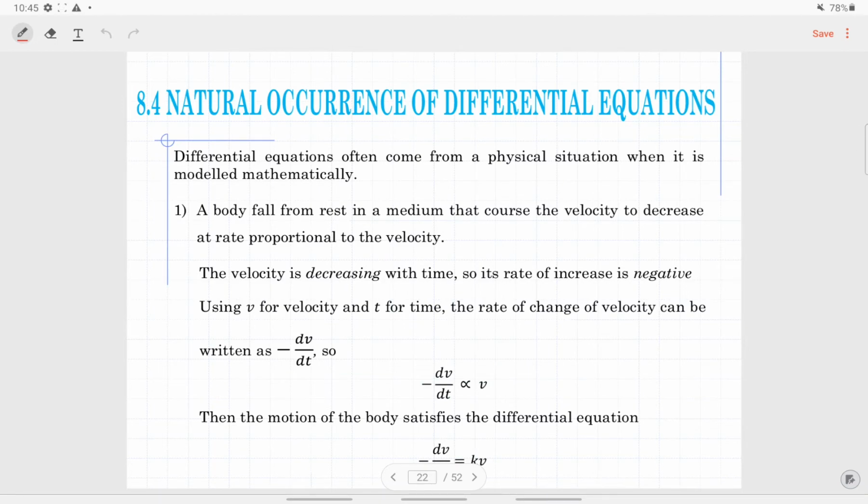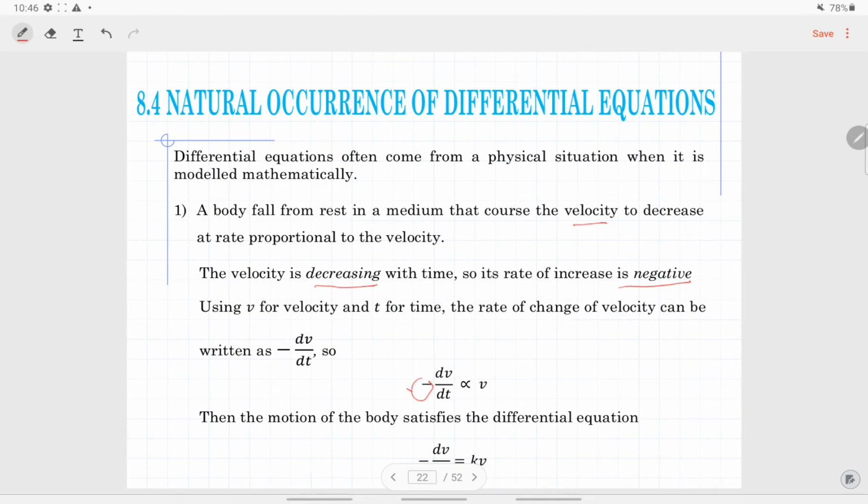Differential equations often come from a physical situation when it is modeled mathematically. A body falls from rest in a medium that causes the velocity to decrease at a rate proportional to the velocity. The velocity is decreasing with time, so its rate of increase is negative.